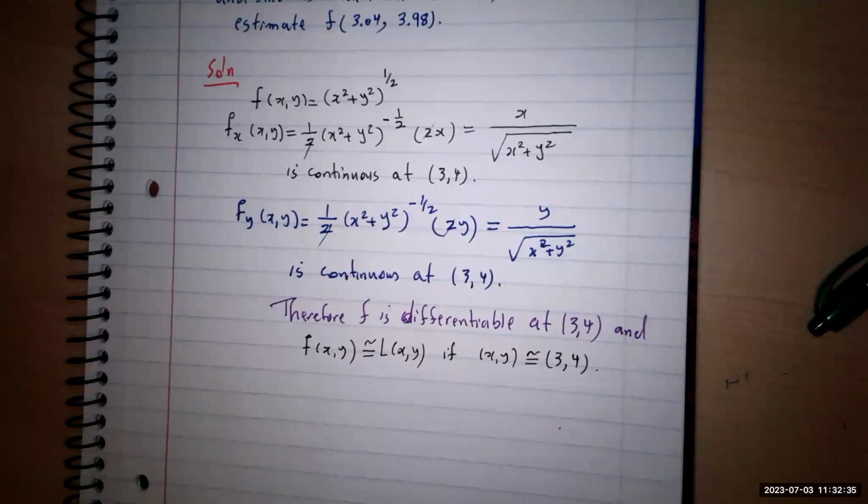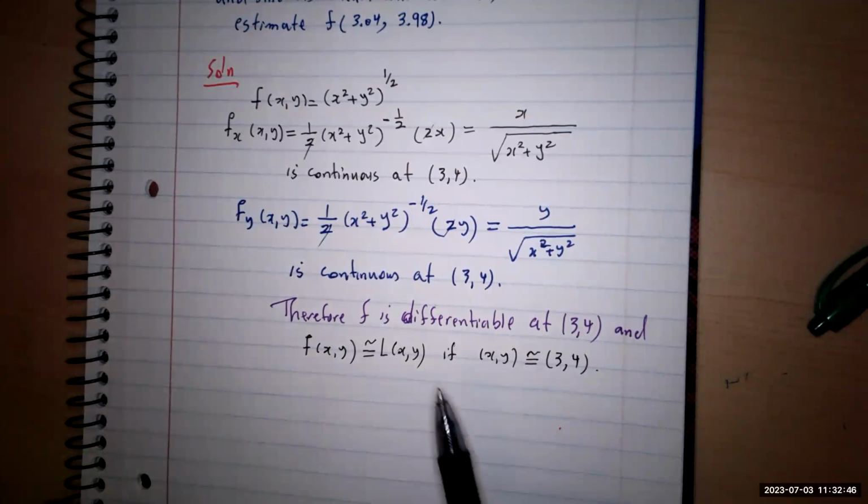So you find the linearization, and the numbers that you have are close because you have 3.04 and 3.98. So you have to find the linearization first.